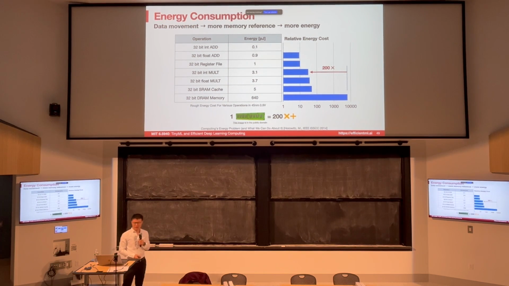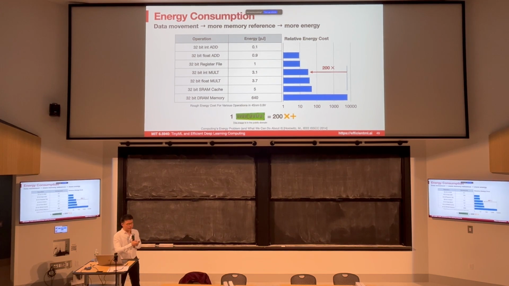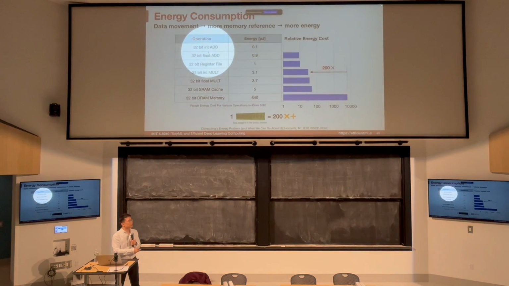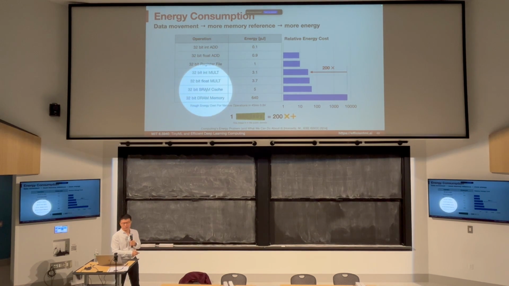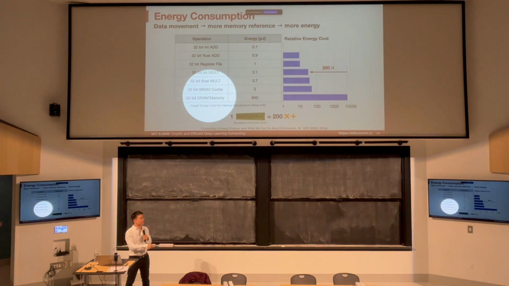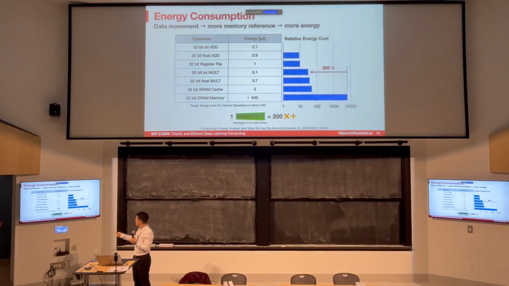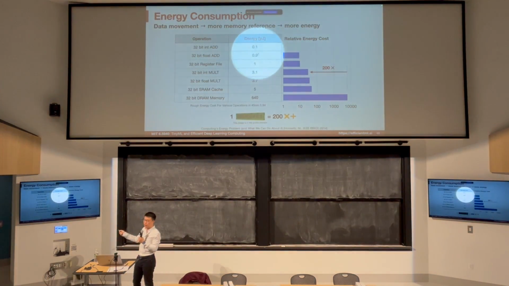So which one is more expensive? This is a figure showing the energy consumption of different operations, from a 32-bit integer add to accessing a register file to multiplication to accessing the SRAM cache to accessing the DRAM memory. We can see that accessing the DRAM memory could be super expensive. 640 picojoules versus just doing a 32-bit add, which is just 0.1 picojoule.